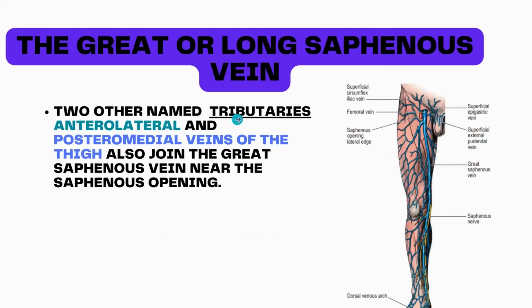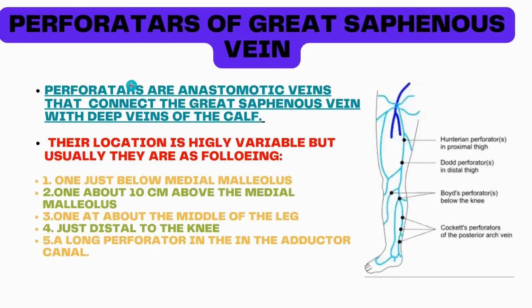Two other tributaries are the anterolateral and the posteromedial veins of the thigh. They also join the great saphenous vein near the saphenous opening. Now we will talk about the perforators of the great saphenous vein. Perforators are basically anastomotic veins that connect the great saphenous vein, which is a superficial vein, with the deep veins of the calf.